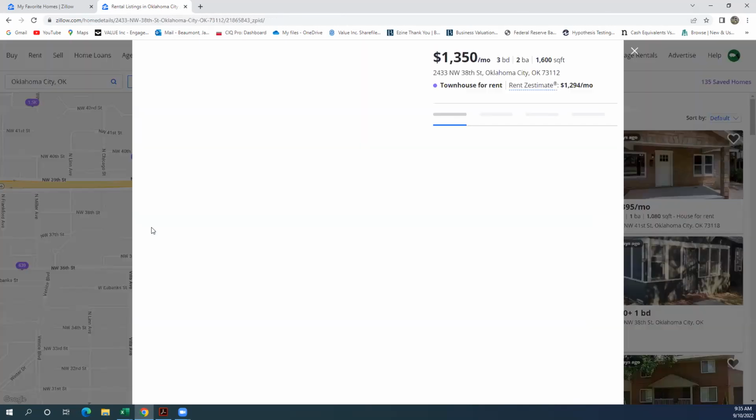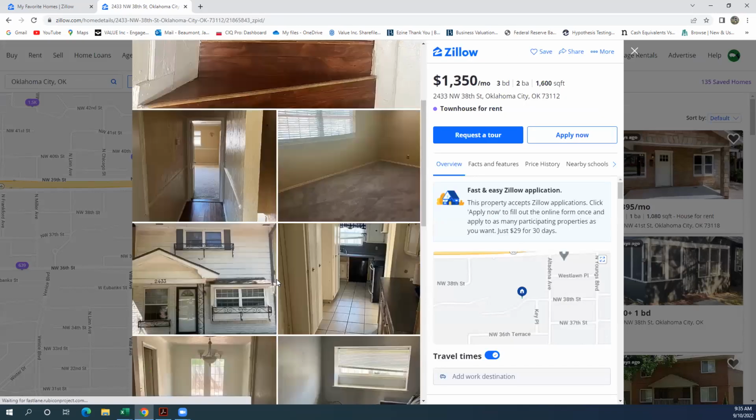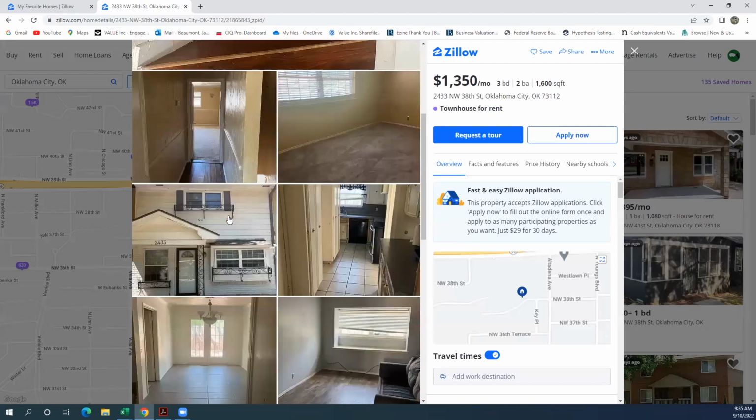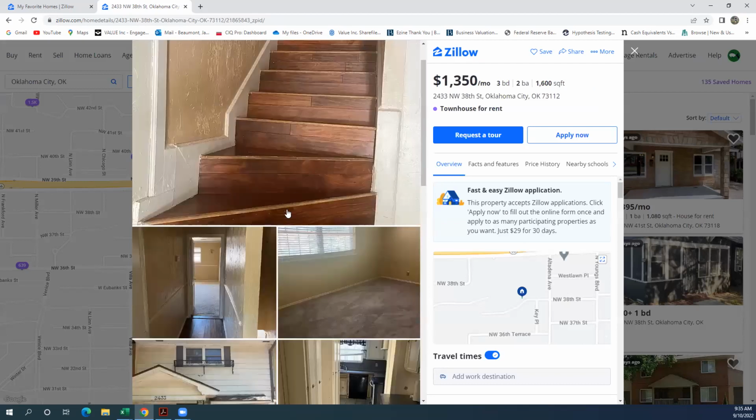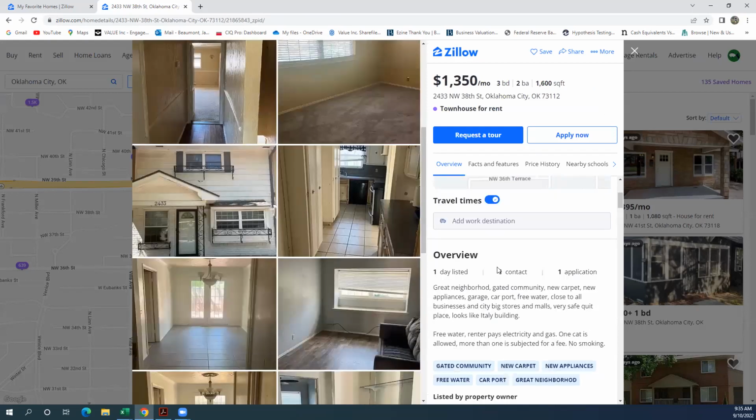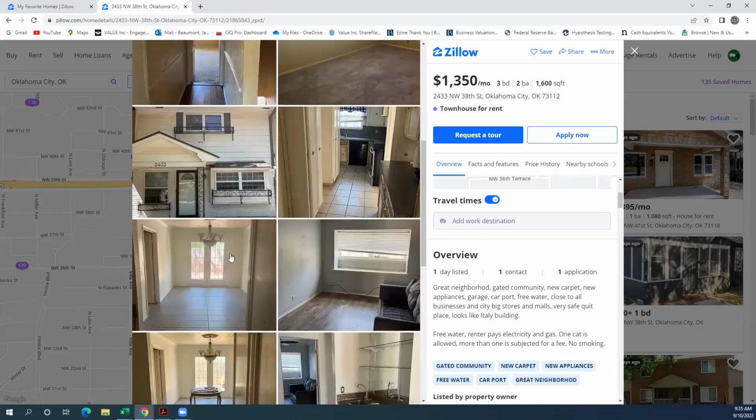So we've got one here: 3-bed, 2-bath, 1,600 feet. Let's have a look. Let's see if I can share both screens here. Not going to allow me to share both right now.